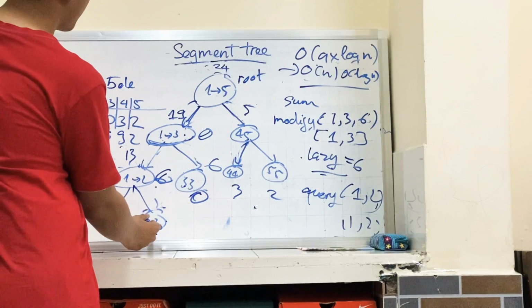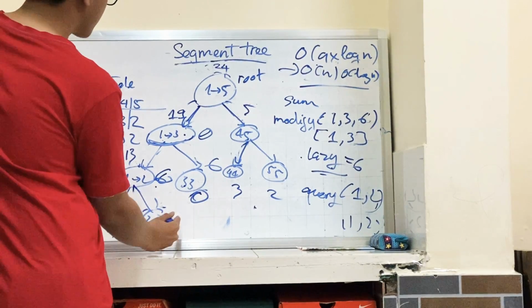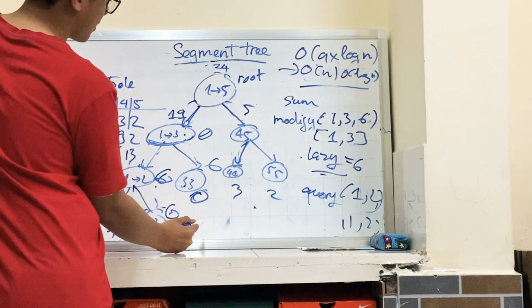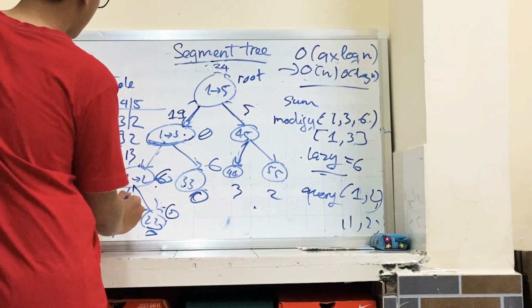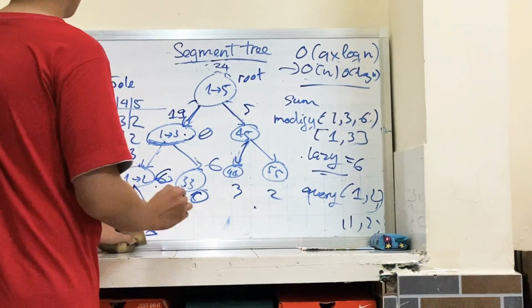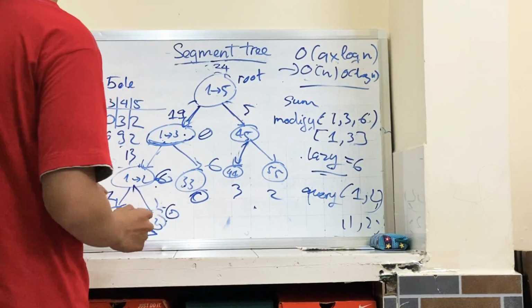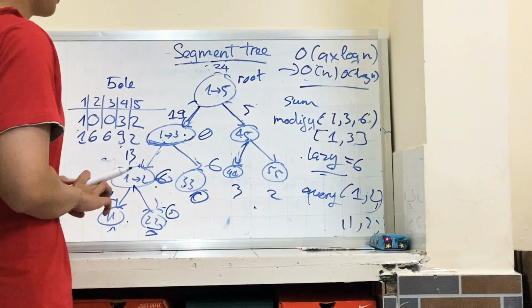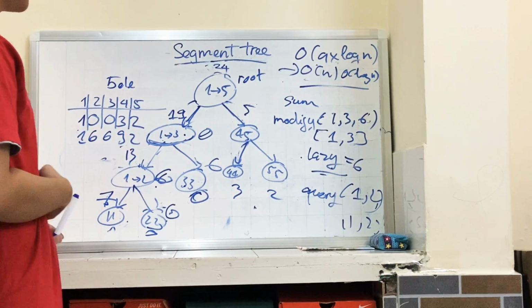Because this leaf node holds only one element, it will be 6 times 1 plus 0, so this node will become 6, and lazy is set to 0. And here, for example 7, you don't have to backtrack because you already backtracked the value on the parent nodes. So that's how you query.